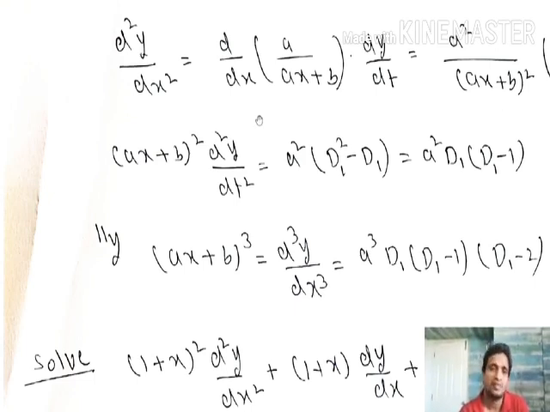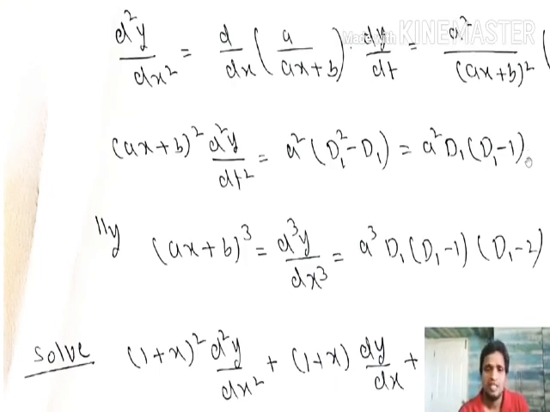If we cross multiply, (ax plus b) whole square d square y by dx square equals a square into D_1 square minus D_1. Taking D_1 outside, it is a square D_1 (D_1 minus 1).